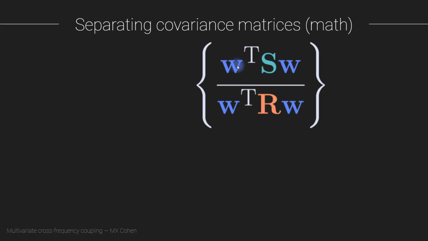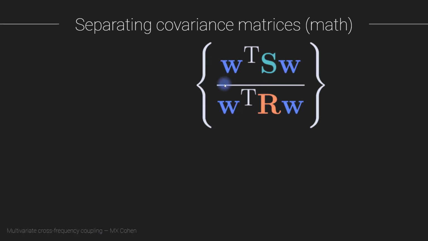So this is vector W, where the length of this vector, the number of elements in this vector, corresponds to the number of channels in the data set. So we want to find some way of weighting this covariance matrix such that when we apply that set of weights, that is going to maximize this ratio. It's going to maximally separate the S covariance matrix from the R covariance matrix.